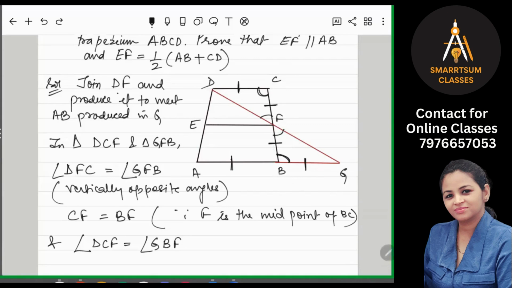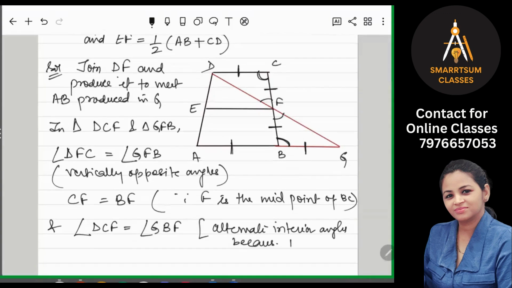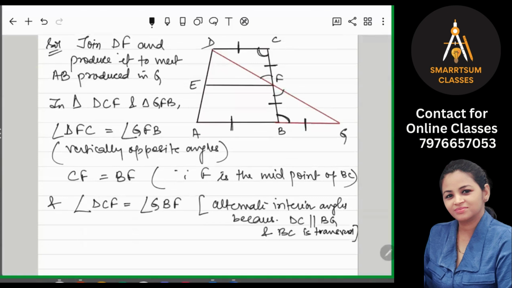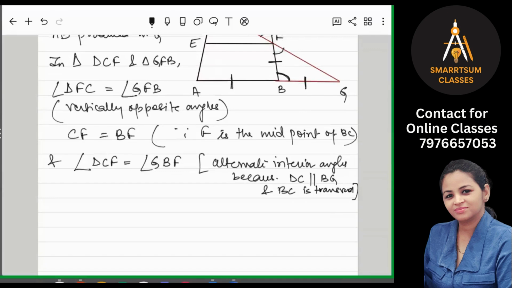So now angles DCF and GBF are equal. They are alternate interior angles, because you can write down DC is parallel to BG and BC is the transversal. Therefore, angles DCF and GBF are alternate interior angles which are equal. So for these two triangles, can we say that they are congruent?